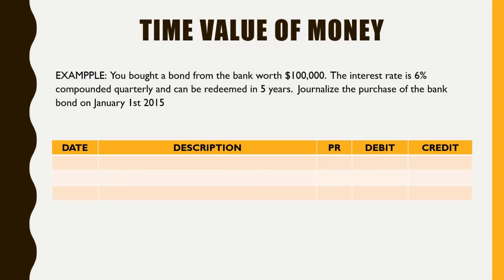So now, how do we journalize this? Same thing here. We're going to recognize that we bought a bank security. We originally invested $100,000 here, and we paid cash because you're paying the bank $100,000 for this bank security. But when we claim it, you're going to journalize it exactly like this because we're looking at this example where we bought a bank bond and it's redeemable in 5 years.